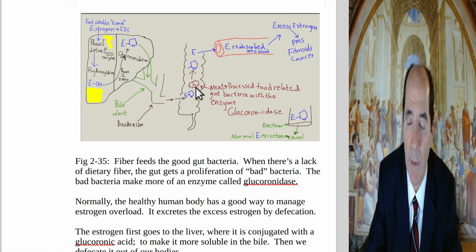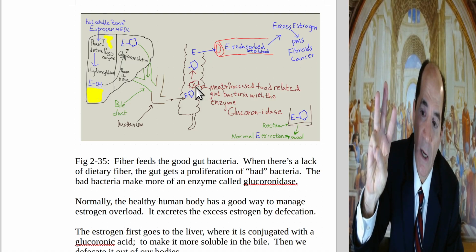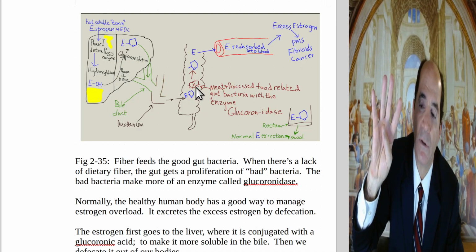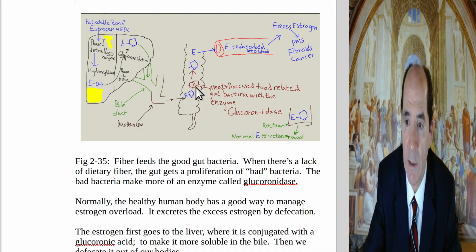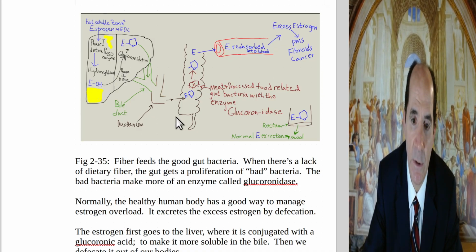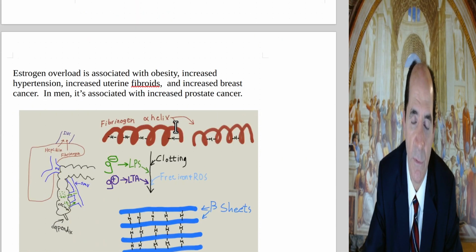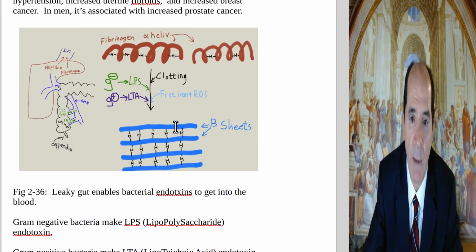I haven't really spoken about that much, but there are papers on that by Douglas Kell and Etheresia Pretorius, that in addition to LPS and LTA bacterial endotoxins and free iron, high estrogen levels also contribute to amyloid clotting in the blood, which is very prothrombotic, refractory to lysis, and goes around plugging up arteries. Not good. So the same woman who's at increased risk for fibroids is at increased risk for amyloid clotting.